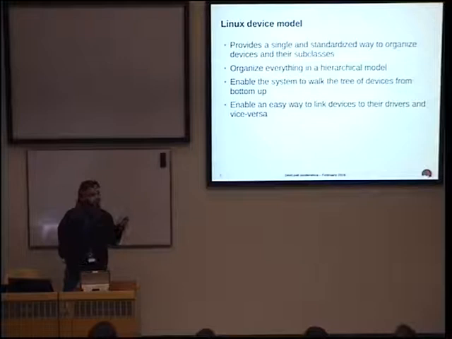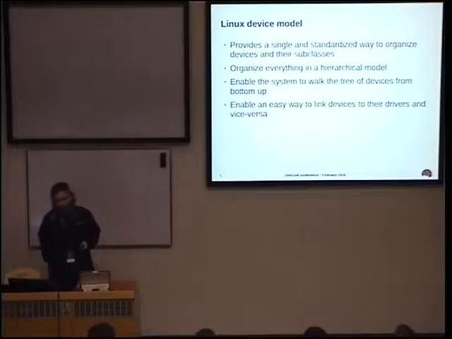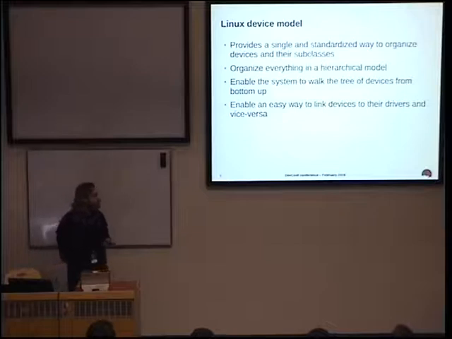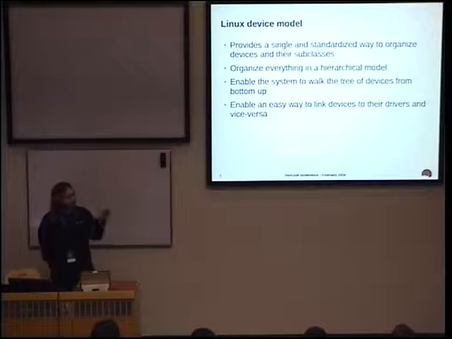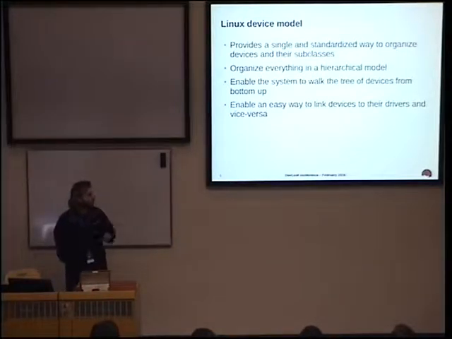That's one of the main reasons we use this device tree. It's also a very easy way to connect devices with their drivers and vice versa. As we are going to see later, using the device model and the sysfs file system it's very simple to identify which device is connected to which driver and which module provides the driver.